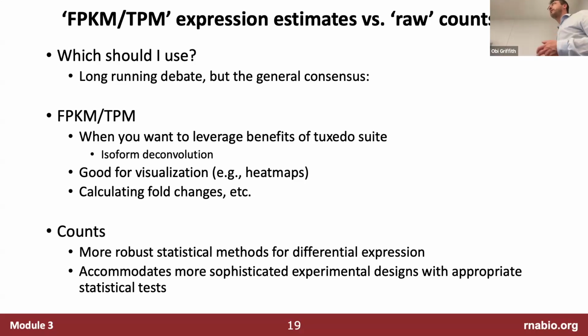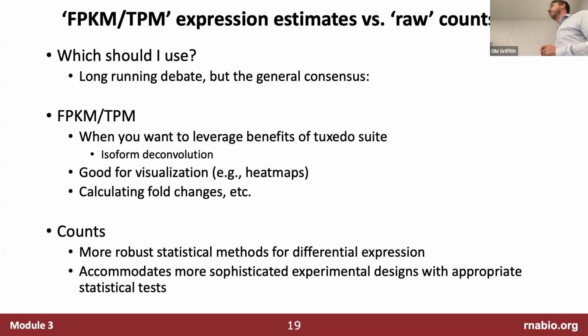If you're making a heat map, just using the raw counts doesn't work that well because they're not normalized, they're not scaled well. So the FPKM and TPM just work more easily with visualizations like making a heat map, calculating fold changes. You tend to use the counts when you want to feed them into some of these robust statistical methods for differential expression at the gene level.